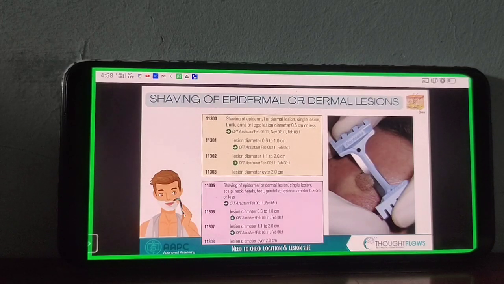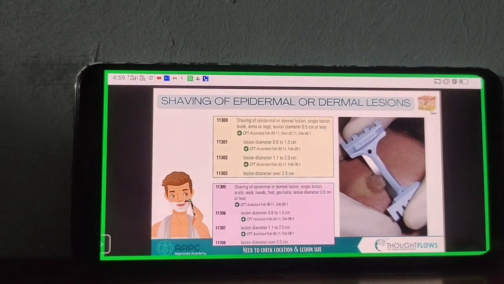Now take the third example. Guys, please take a note. Trunk 1 centimeter, leg 1 centimeter. Are they present in the same group or a different group? Same group, and both have the same value also. Here, how many lesions? 2 lesions, one in the trunk and another in the leg.